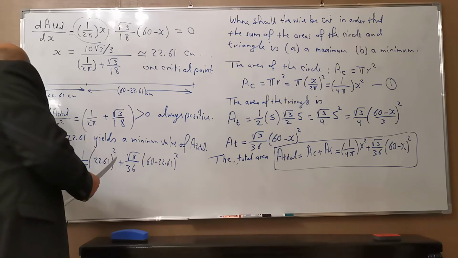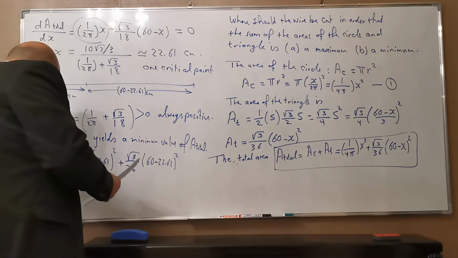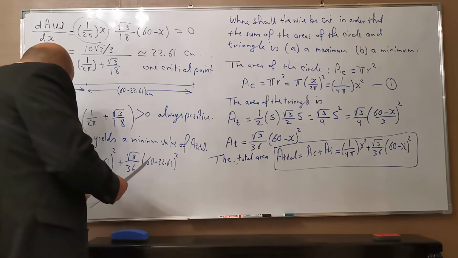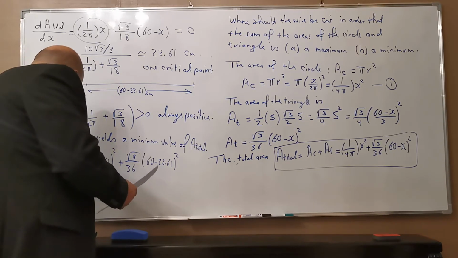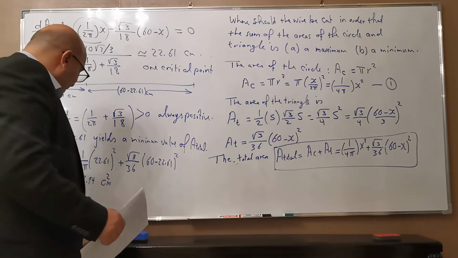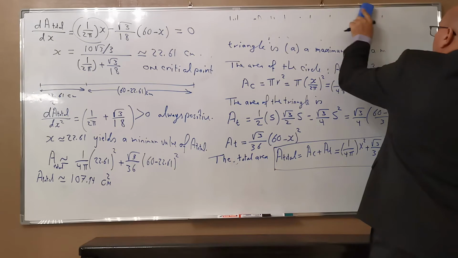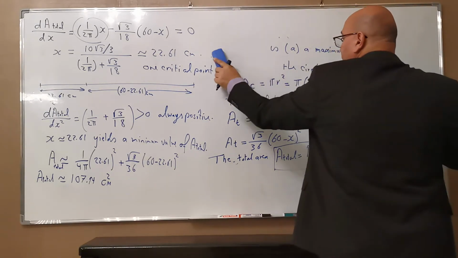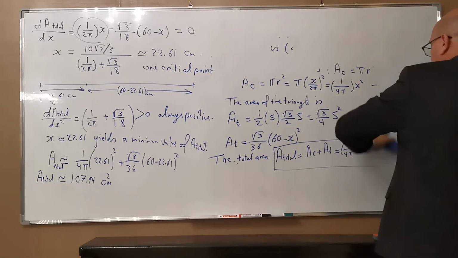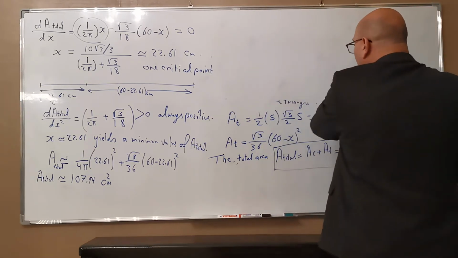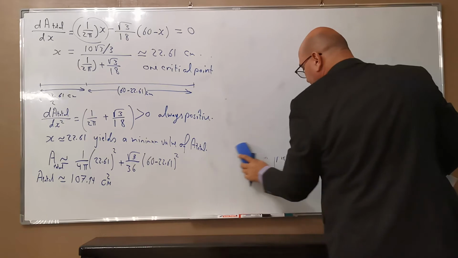A total is almost equal to 107.94. The total area is 107.94 square centimeter. So this is the minimum. Where will the maximum happen?